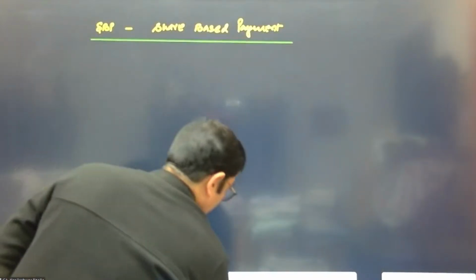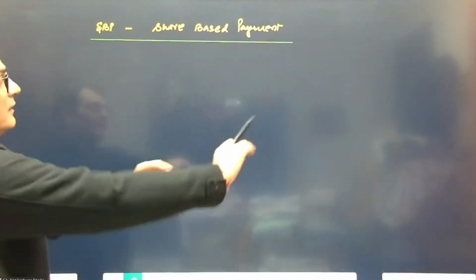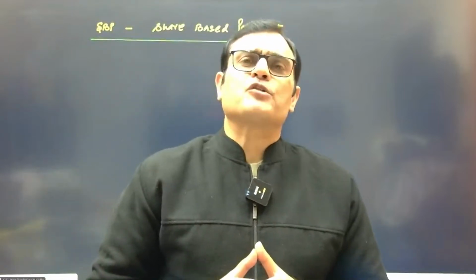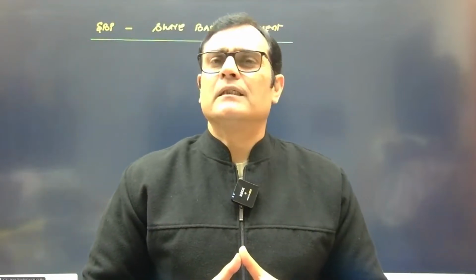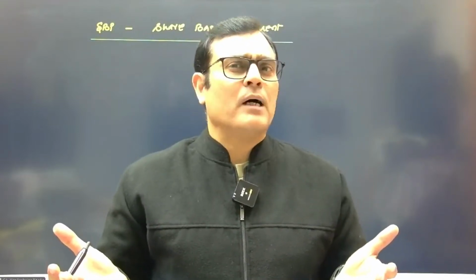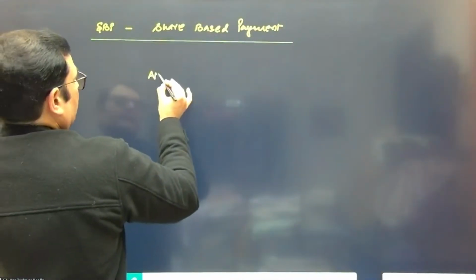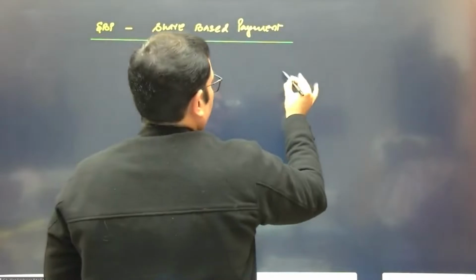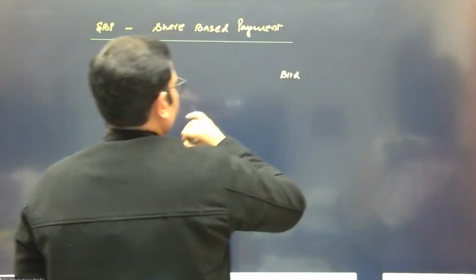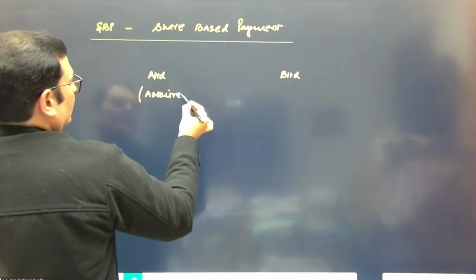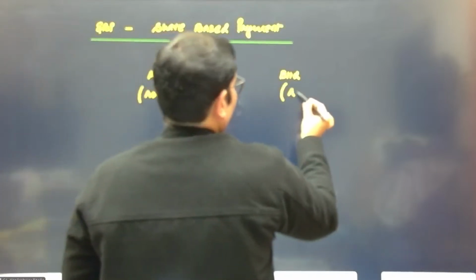I am now considering share-based payments. Now, watch the situation carefully because I need to first of all convince you why we are looking at share-based payments as a part of the consideration. So let's first visualize something. Let's say there is a company A Limited and a company B Limited, and this is the accounting acquirer, and this is the accounting acquiree.